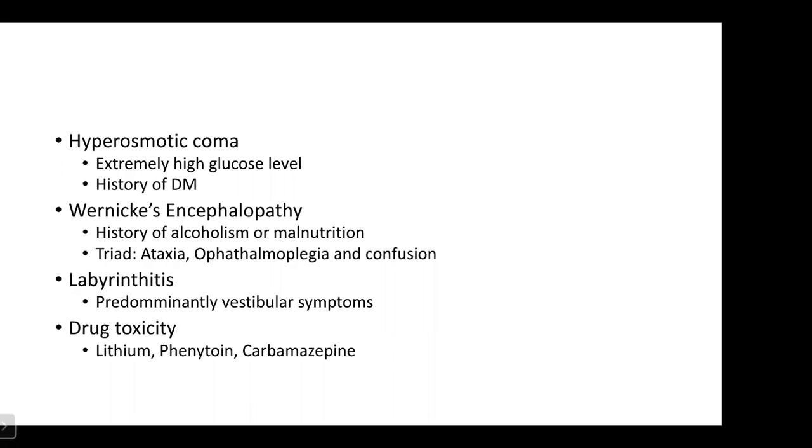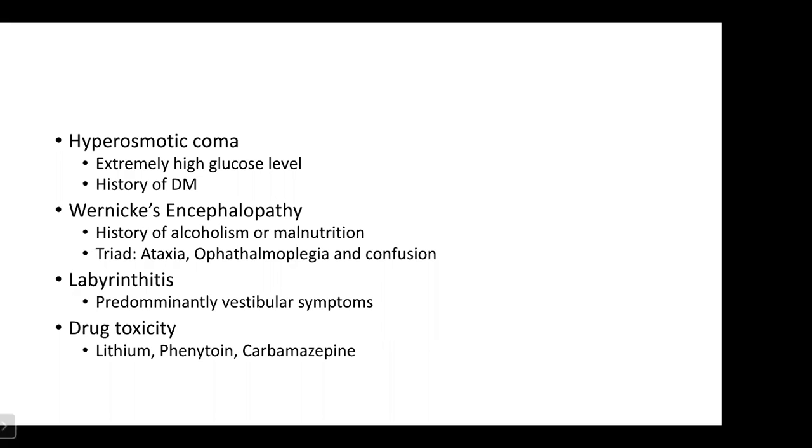In Wernicke encephalopathy, in those who are alcoholic, with alcohol consumption and or malnutrition, the patient may present with ataxia, ophthalmoplegia, and confusion. With this triad, we can guess that this may be Wernicke encephalopathy. Thus, we can distinguish it from stroke. Similarly, in labyrinthitis, vestibular symptoms may be present, dizziness or vertigo.